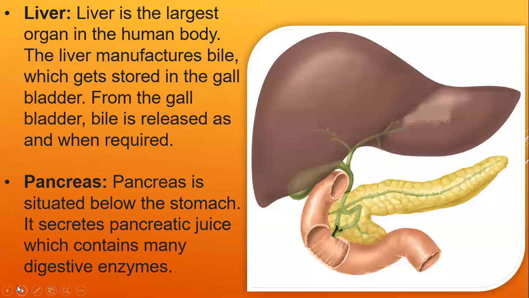The secretion of the liver is bile, and this bile consists of two pigments known as biliverdin and bilirubin.